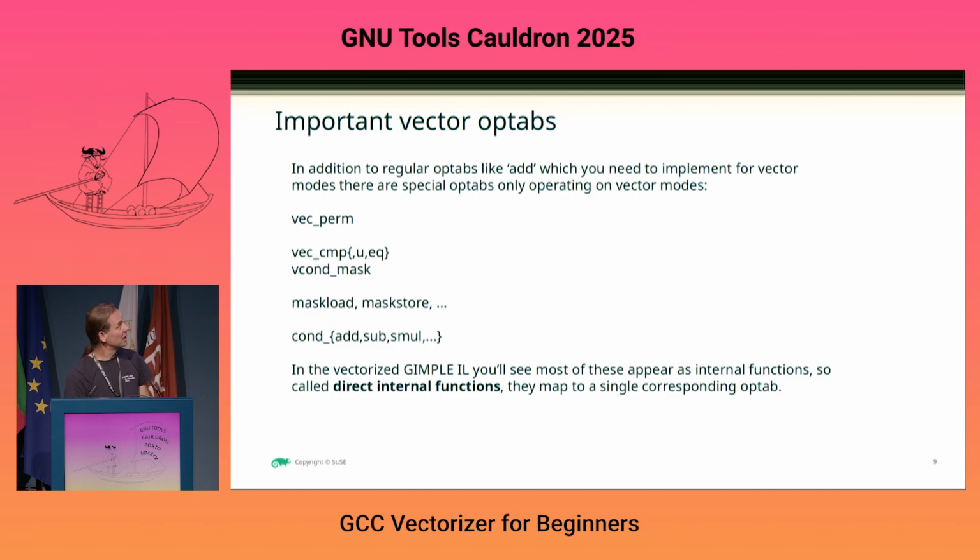Basically, all of these patterns are not allowed to fail expansion. That means the vectorizer first checks they are implemented. And so when the target implements them, it has to support the expansion. So it can't fail. So usually there are patterns in GCC that may fail, and then there's a fallback, but there is no fallback for all of these patterns, which means once we commit to using them in the vectorizer, the target has to implement them.